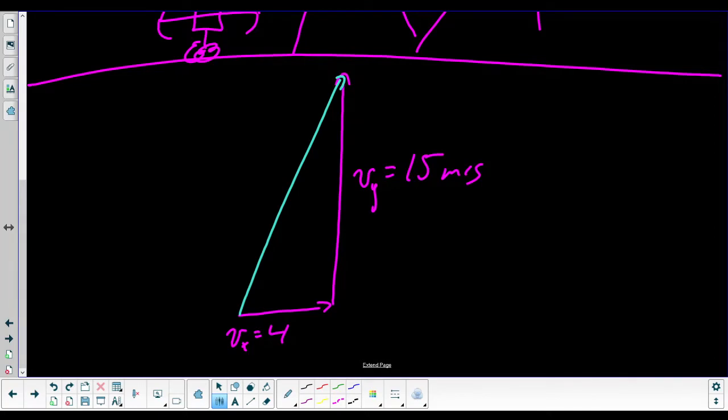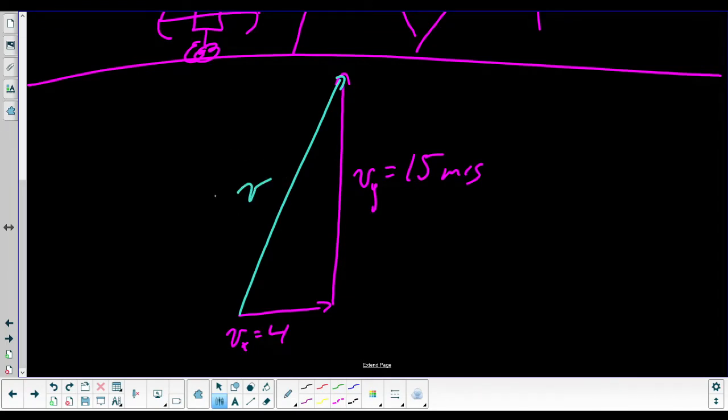If I had a drone flying above it and the drone could only go 15 meters per second, it wouldn't be able to keep up with the boat, because the boat's going 15 meters per second this way and the water's carrying us 4 meters per second that way. We have more than a total of 15 meters per second of velocity. So basically we're asking, what is V?